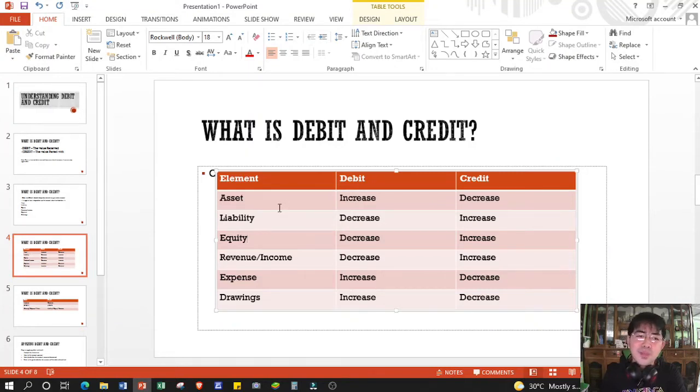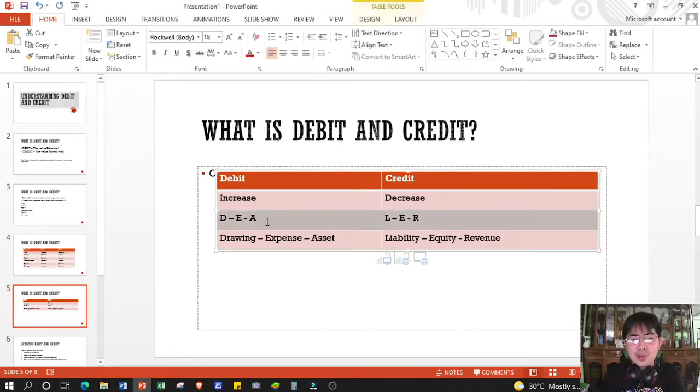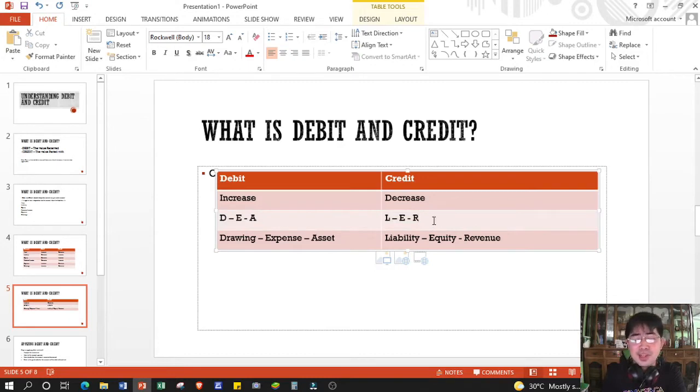In order for you nga naminaw karon, mas dali nimo siya ma-remember, there is this guide nga ginatawag nila nga DEALER. Bago lang ko katuonan, siguro gitudlo ni siya sa among teacher before sa college, but karon lang nako siya na-discover or na-remember.